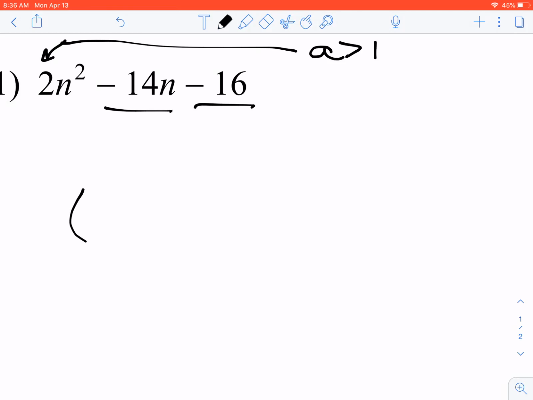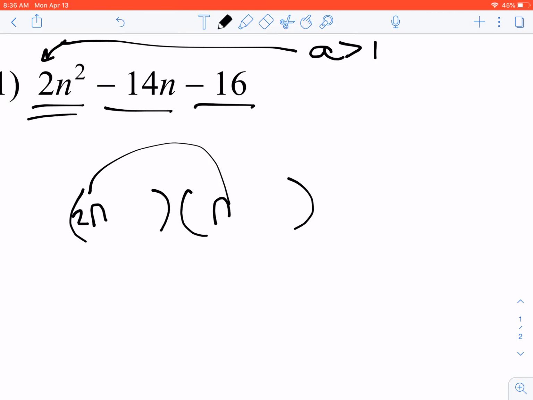When we have our binomials, when we're done, we no longer have an n right here and an n right here. One of these is going to have to be a 2n, because that's the only way when we multiply we can get a 2n squared. So that presents a problem for us.